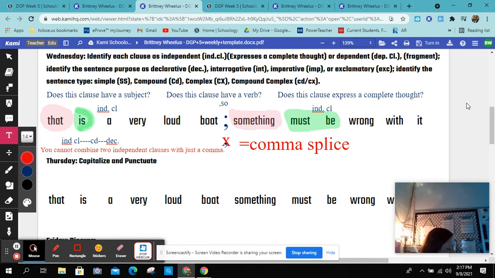It's a predicate noun, also called a predicate nominative. A boat does not make noise. But look here. That is a predicate nominative.